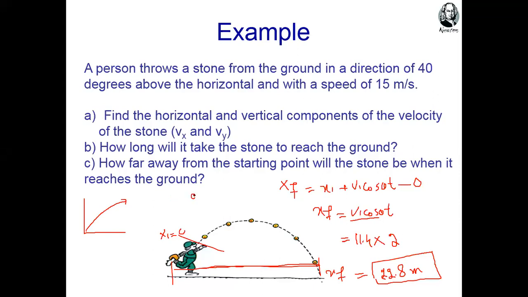When a body moves freely, with only gravitational force, the acceleration is equal to g. Correct? But from Newton's second law, F is equal to ma. According to this equation, when there is no force, there is no acceleration. So gravitational force is present, but it is along the y-axis. There is no force along the x-axis.